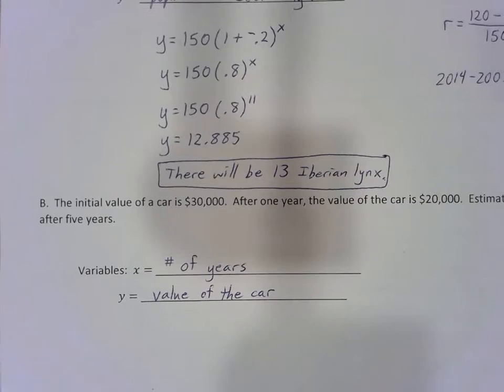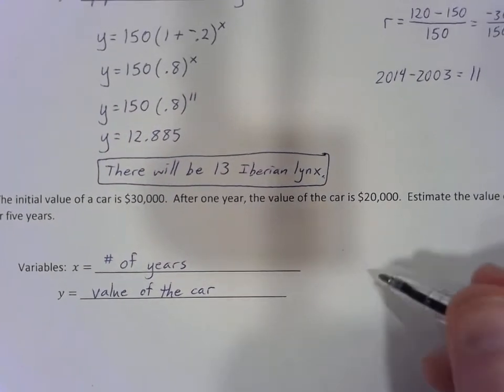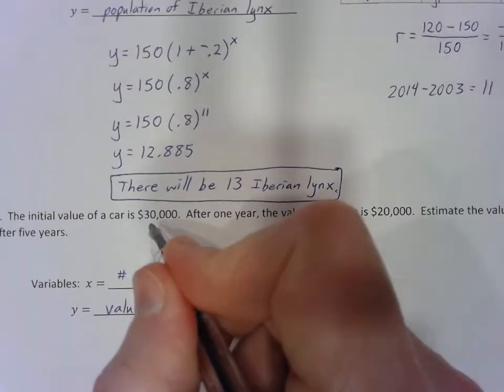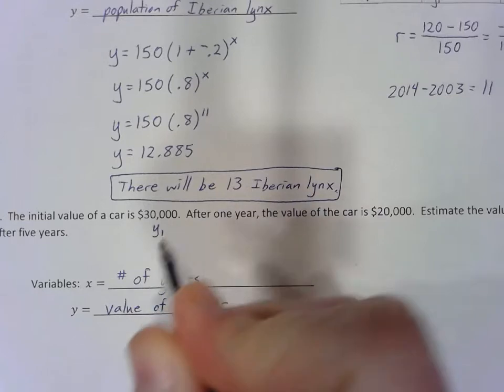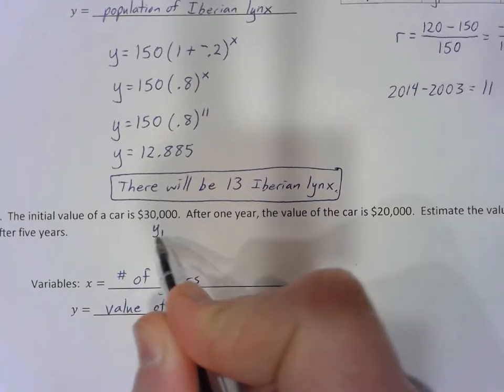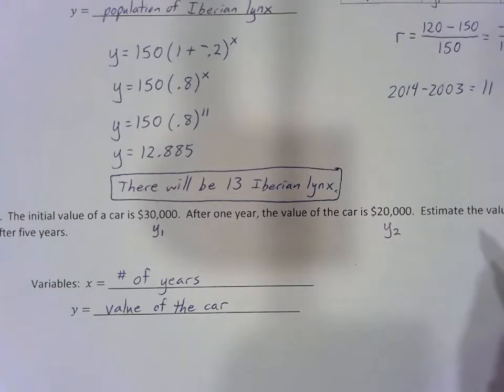Okay, so the first thing we have to do is calculate the rate of change. And so in this case, I started with $30,000 as the value of the car. That was Y1. And the next Y value was $20,000.